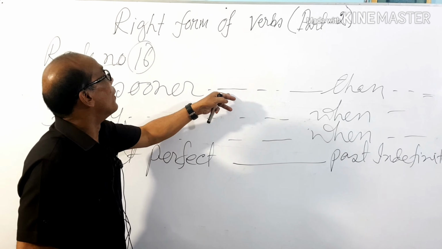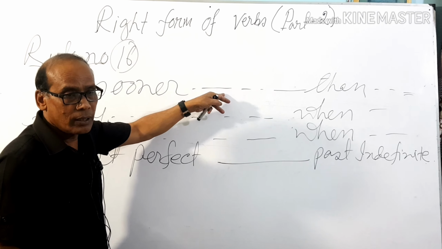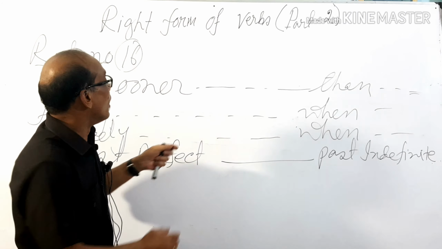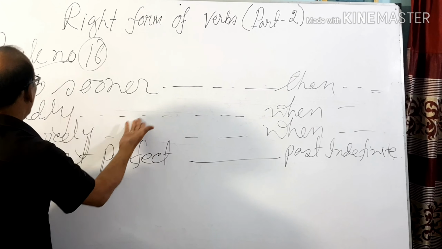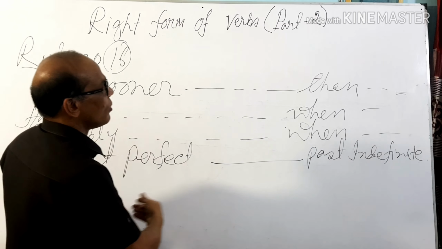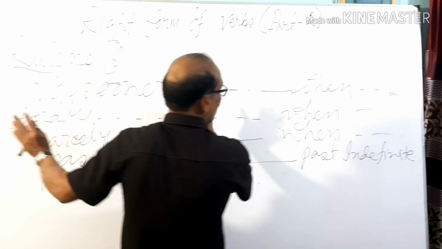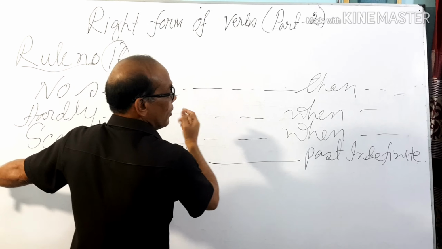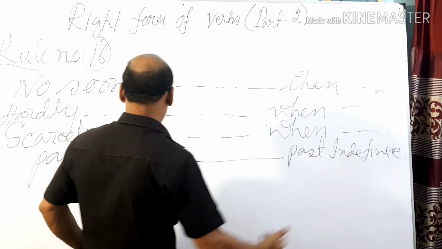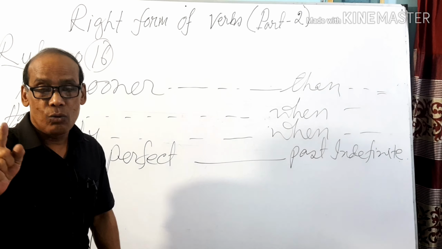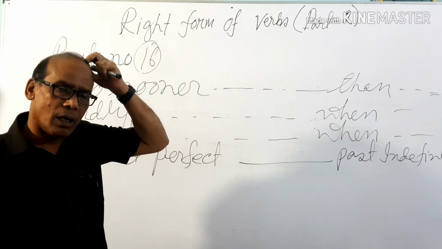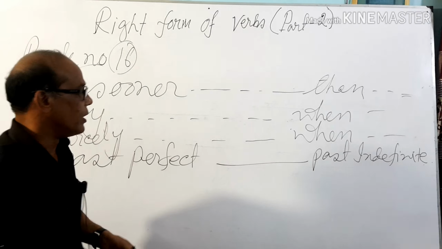If the verb is here within the bracket, we'll have to use had plus V3, either in the case of no sooner or hardly or scarcely, which is past perfect, and after than or when we'll have to use subject plus V2 plus extension, because subject plus V2 plus extension is the structure of past indefinite.